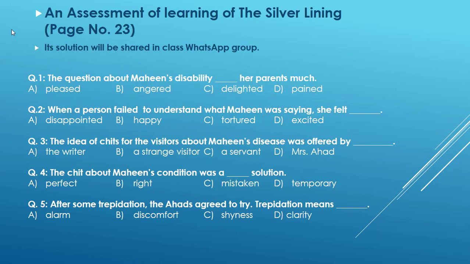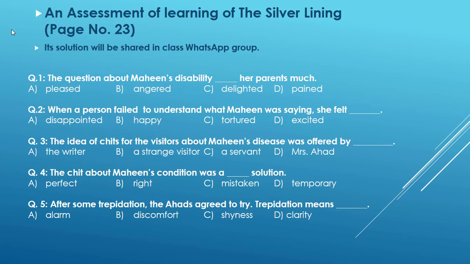Now there is an assessment of learning of the silver lining, page number 23. Its solution will be shared in class WhatsApp group. Question number 1, the question about Maheen's disability dash her parents much. There are 4 options.